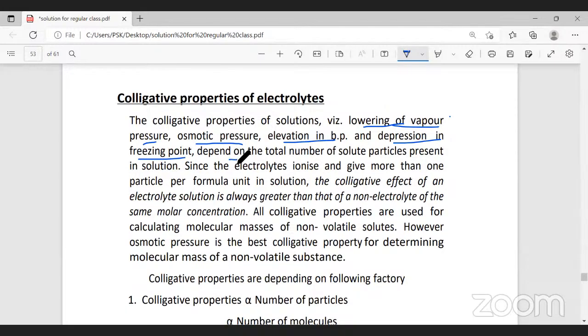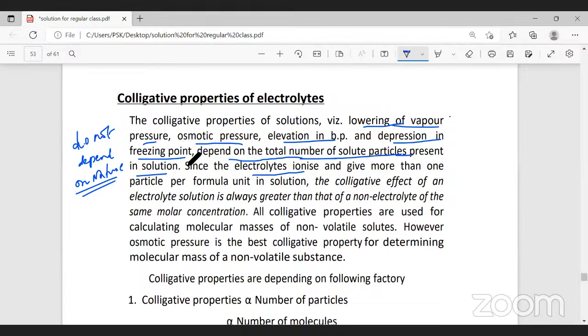All these colligative properties depend on the number of solute particles, not on the nature of the solute particles. Now, since electrolytes ionize, just see the difference.